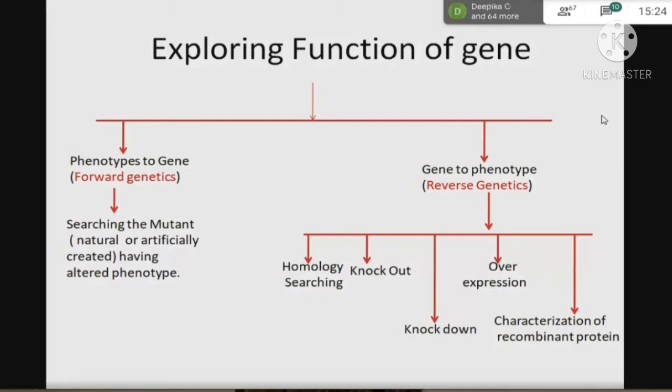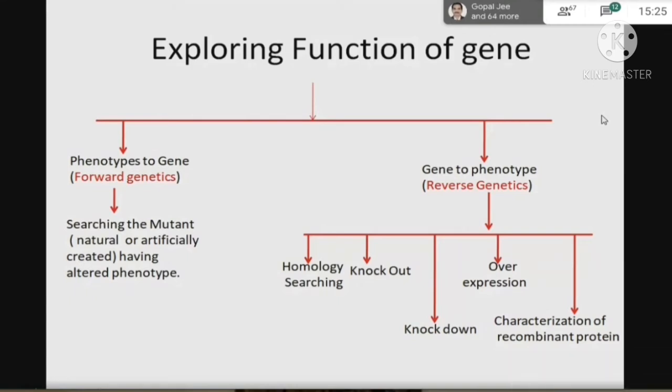We have 20 to 30,000 predicted genes, but we don't know their function. We know the gene sequence, we know that there is a gene, but not its function. That is known as reverse genetics, going from a gene to knowing its phenotype. From phenotype to gene, we call it forward genetics.